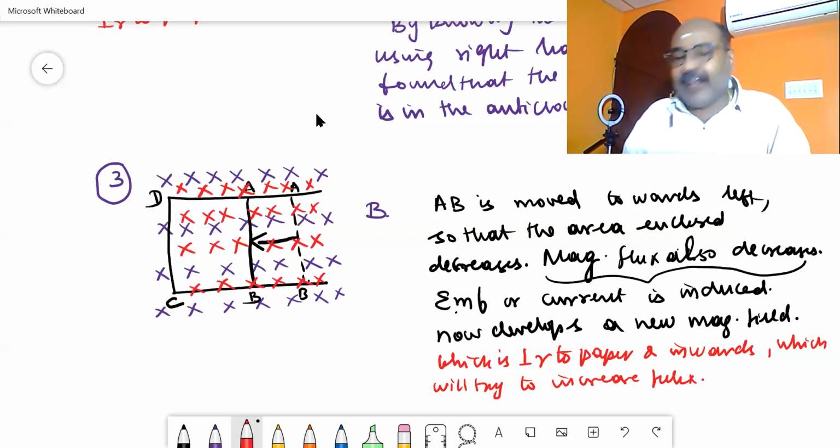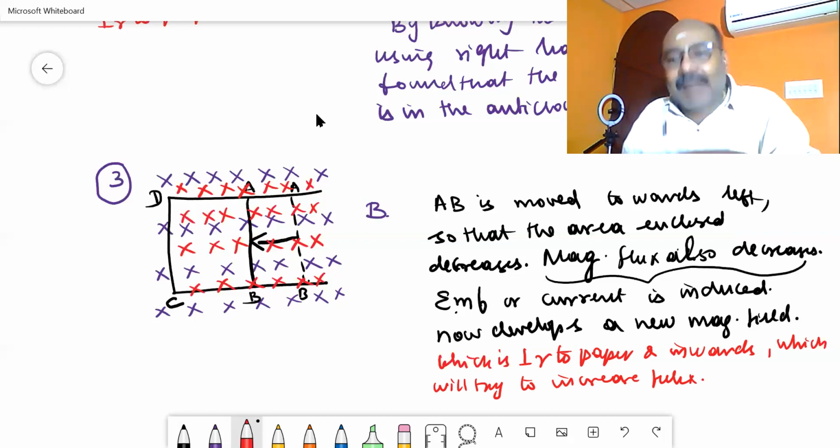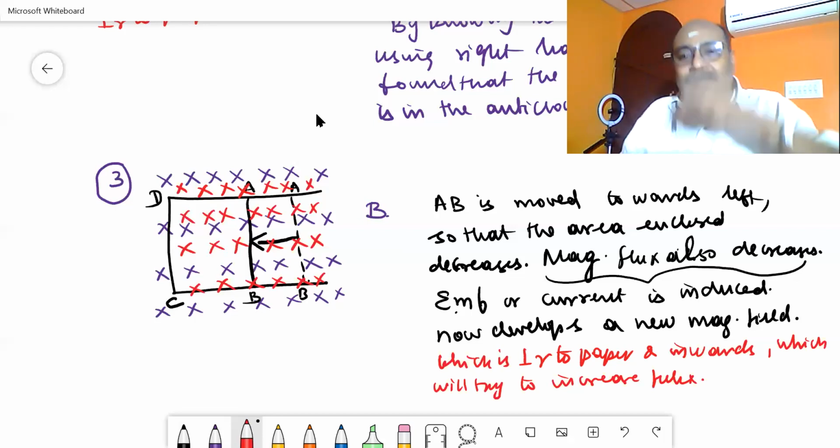So the induced EMF, or we can say the induced current, will develop a new magnetic field which will try to increase the existing magnetic field by acting perpendicular to the paper and inwards again, represented by crosses in red color.